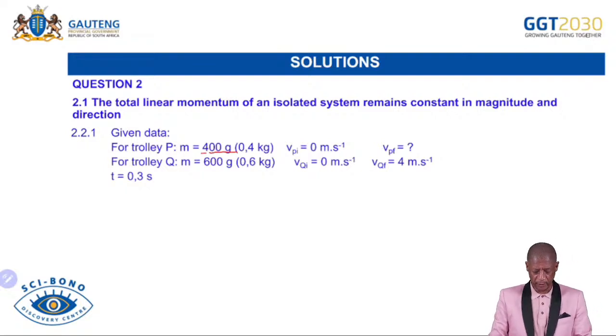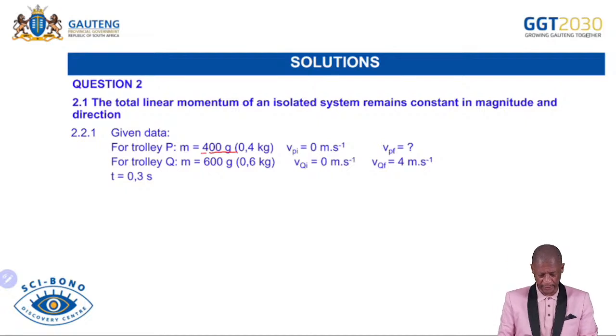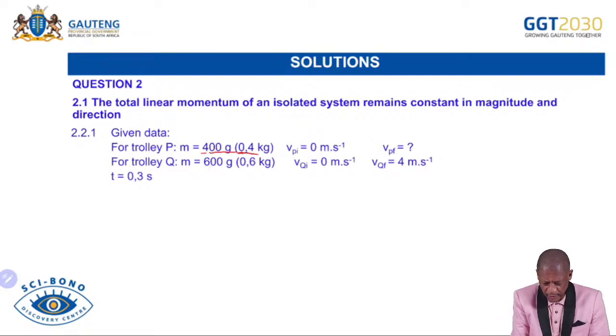Now, quickly, let us convert it. I've done it, but let us do it for all of us so that we are sure we've done the correct one. It's 400 divided by 1,000, right? Then it gives us 0.4. Always we divide by 1,000 because kilo means 1,000, right?